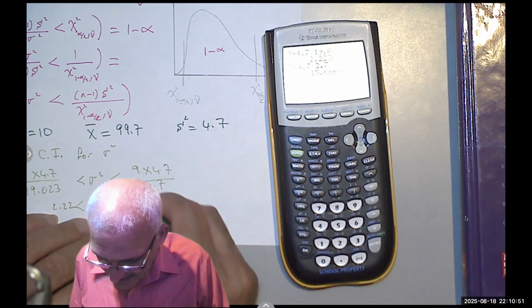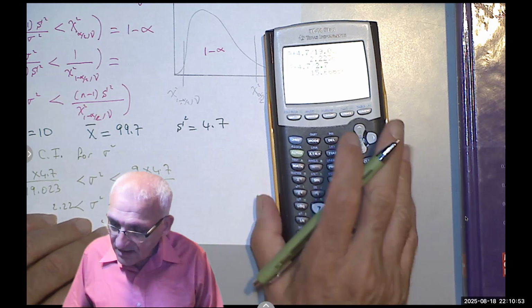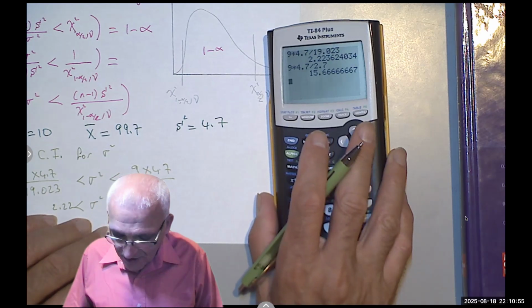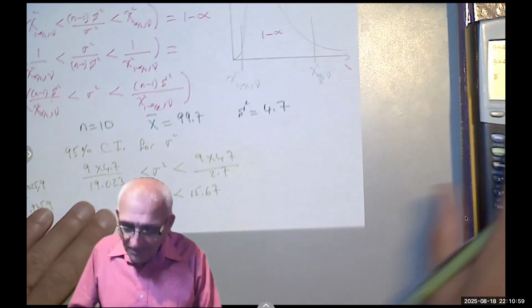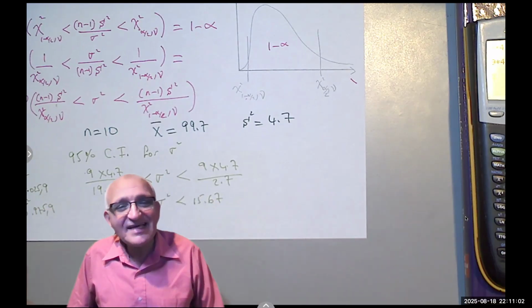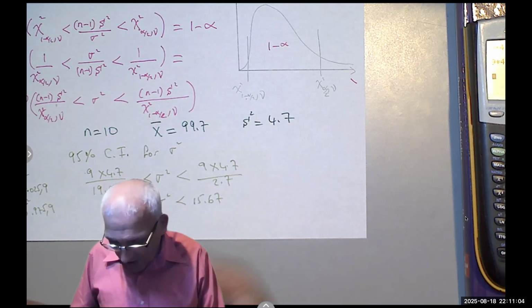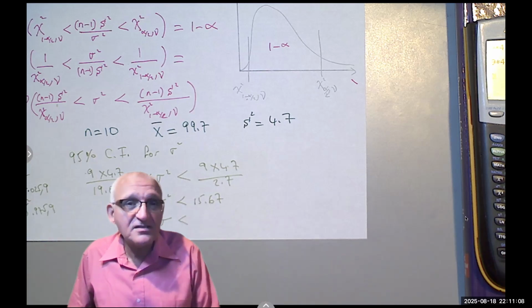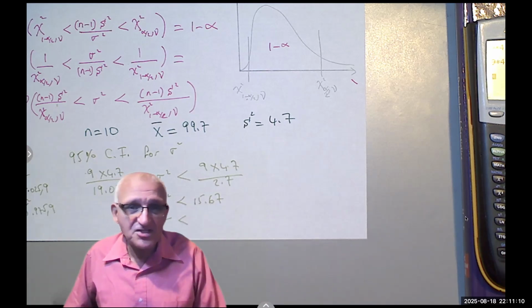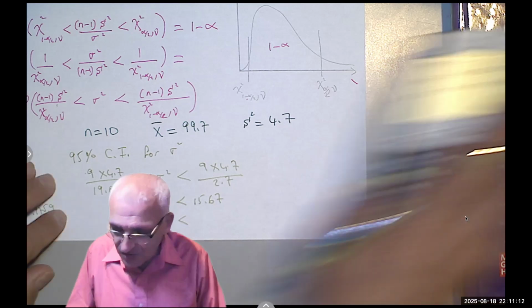And you can see that's a wide range of variance because it's a square. Notice that you can also find a confidence interval for sigma, which is the population standard deviation, by taking the square root of those.